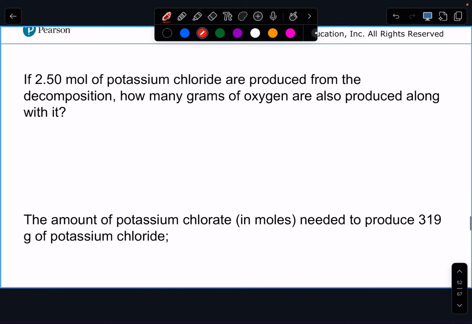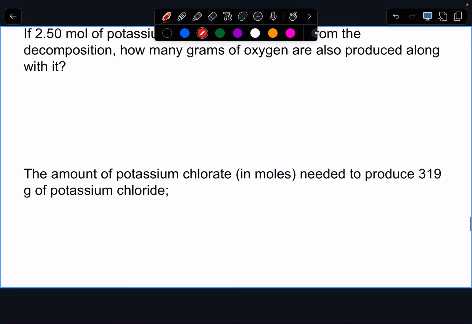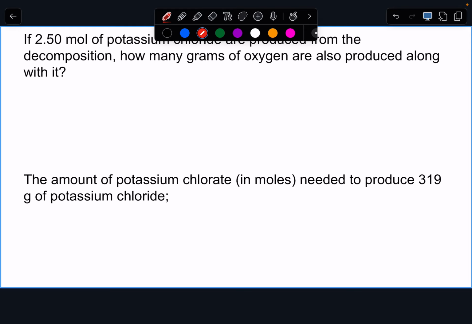Let's give the next one a try. So same equation, just scroll up or, in your notes. And feel free to work both of these if you want, if you have time.